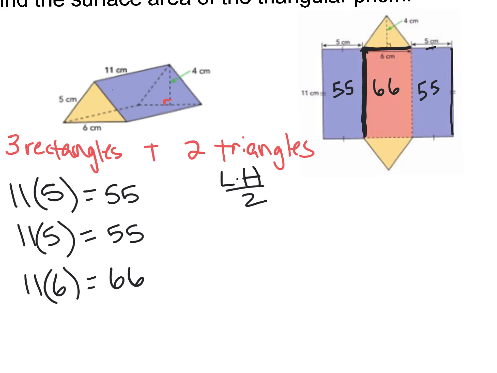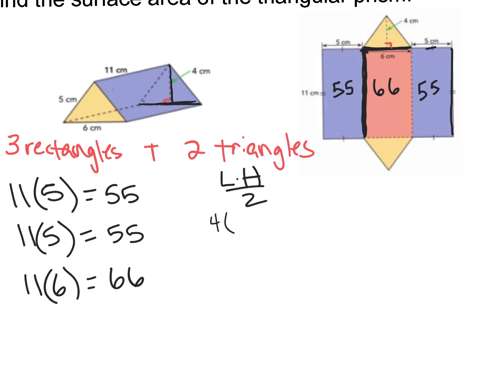So right there is that little square, and you can see it here too. That little square in the corner tells you that that's your 90-degree angle. So you use those two lines to help you find the area of this triangle. The two lines that connect that 90-degree angle are this one, so that's 4, and this one. Those are the two that make that 90-degree angle.